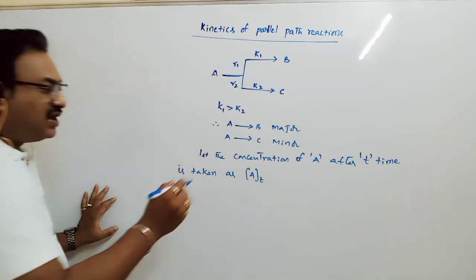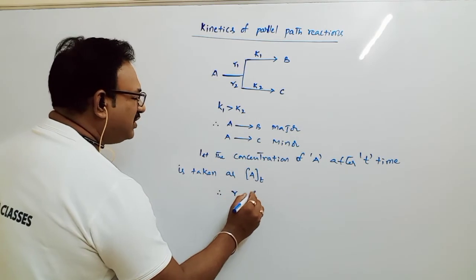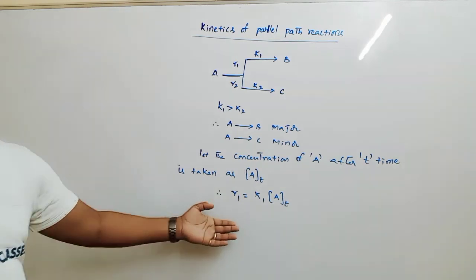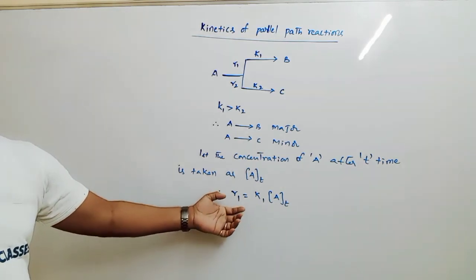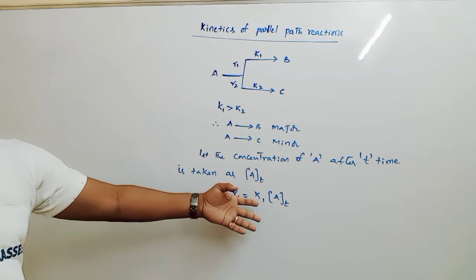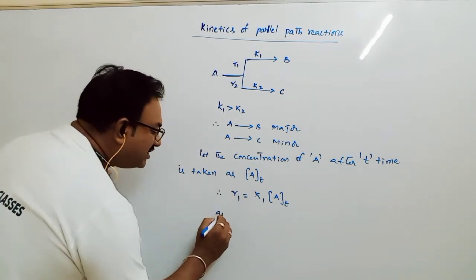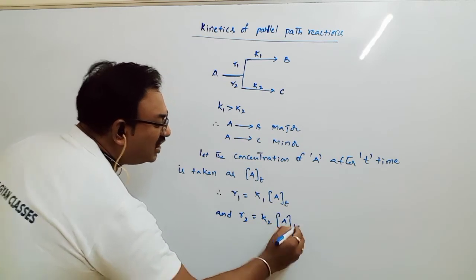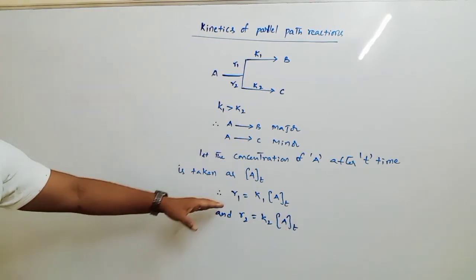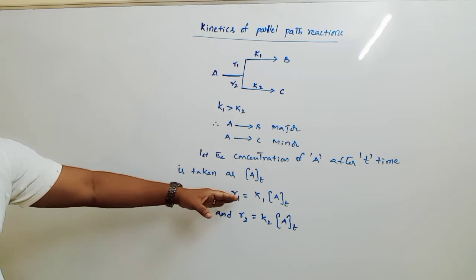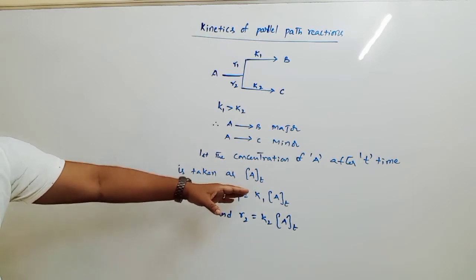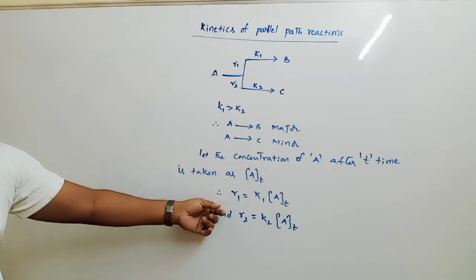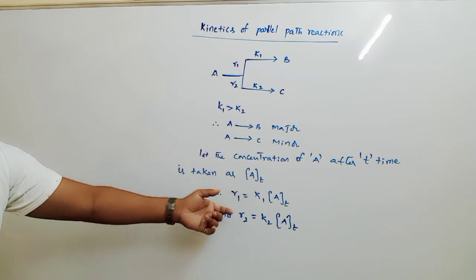Therefore R1 is equal to K1 into the concentration of A at T time, meaning the rate is directly proportional to the concentration of reactant at that instant of time. And similarly R2 is equal to K2 into the concentration of A at that instant of time. So for the major reaction R1 equals K1 times the concentration of A at that instant, and for the minor reaction R2 is equal to K2 times the concentration of A at that instant.